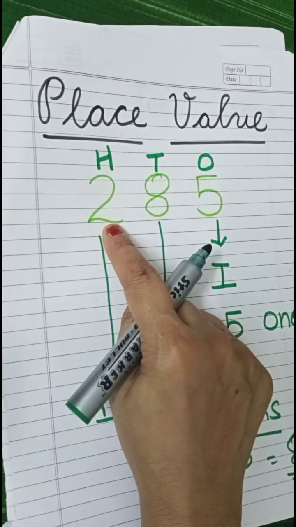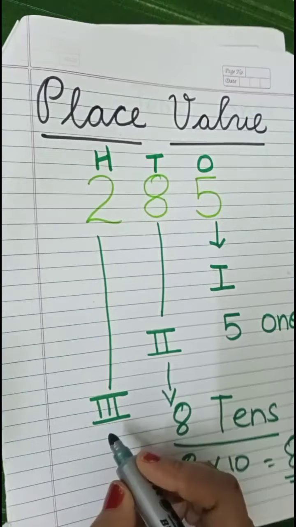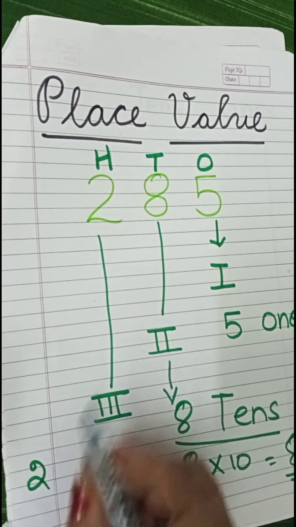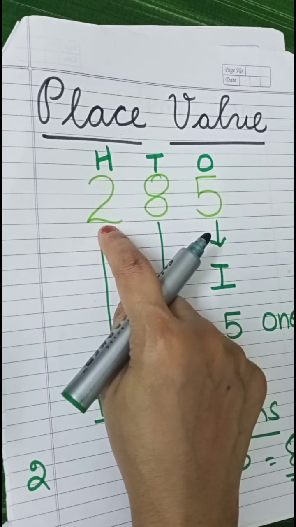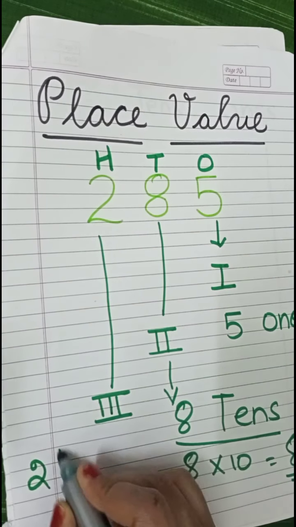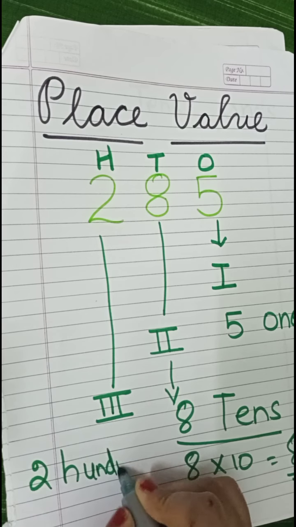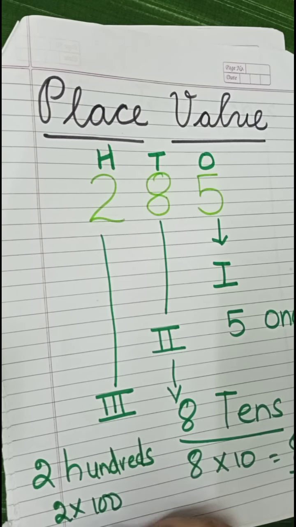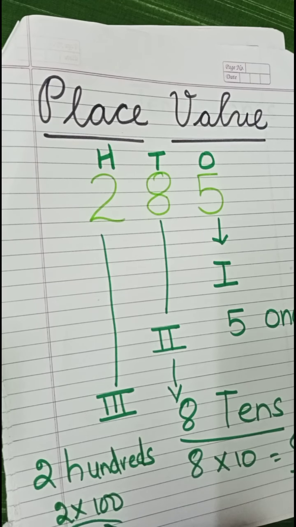And 200. So the third place represents 100, and this number here, the place value of 2 is 2 hundreds. 2 into 100 how much? 200. Okay.